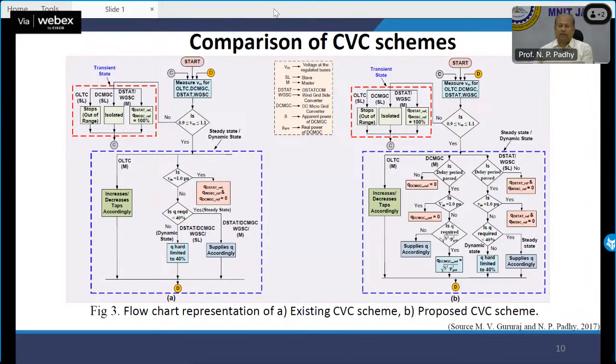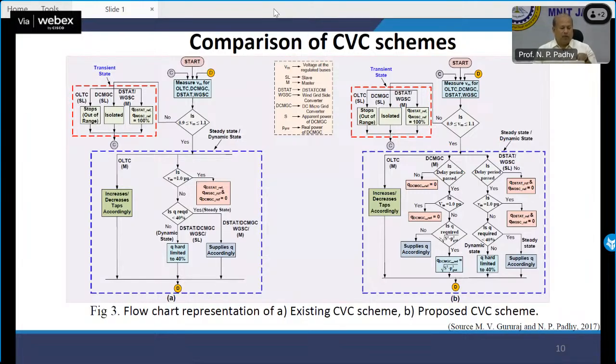The job is done. There is no issue. But if the voltage is not 1 per unit, then the Q required will be less than 40% under my steady state operation, state number 1. And then we see whether it is going to be a steady state condition or a dynamic state condition, and accordingly we move forward.